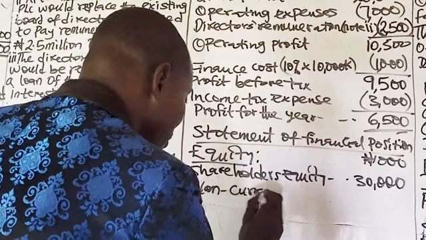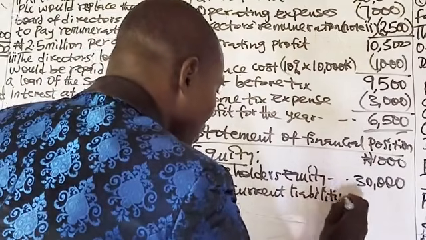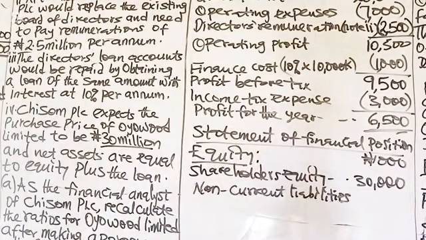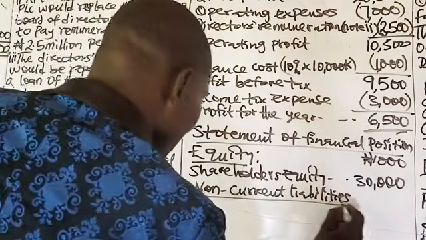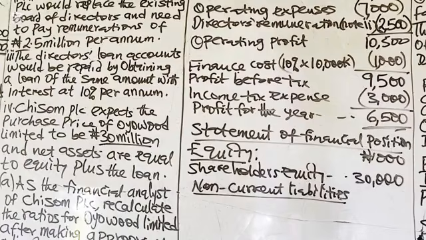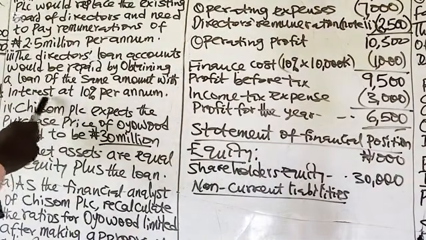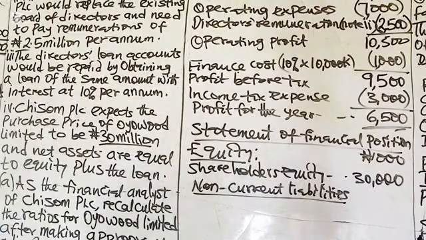In note 3, the director's loan account will be repaid by obtaining a loan of the same amount with interest at 10% per annum.